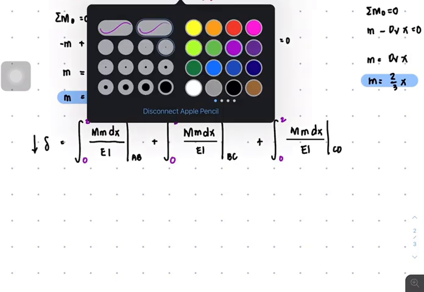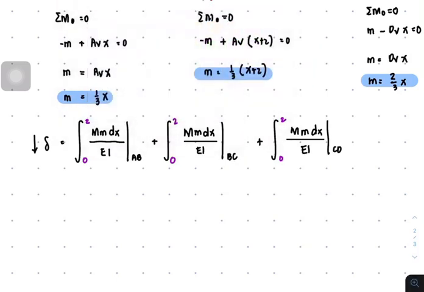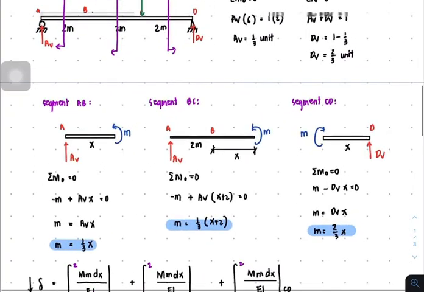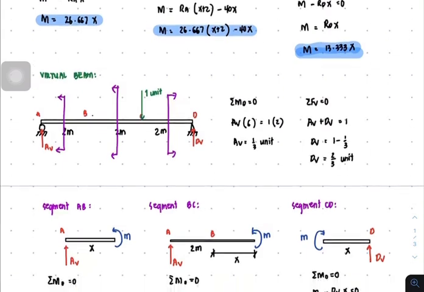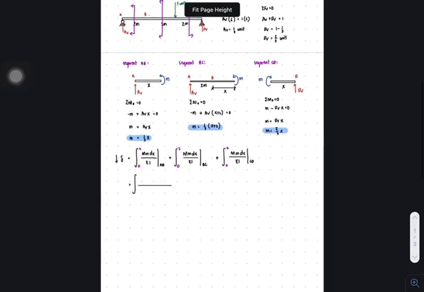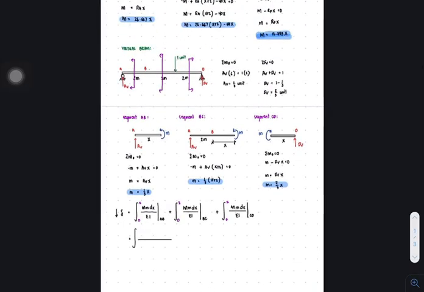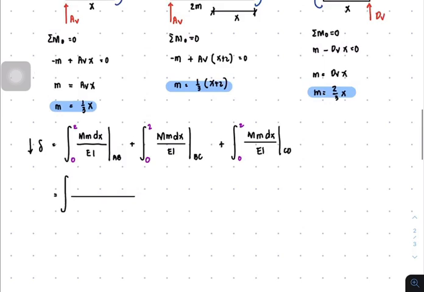Okay. So the next thing that we're gonna do is get now the product, starting with AB. So for AB, all you have to do is copy this. So 26.667 x times 1/3 of x dx.